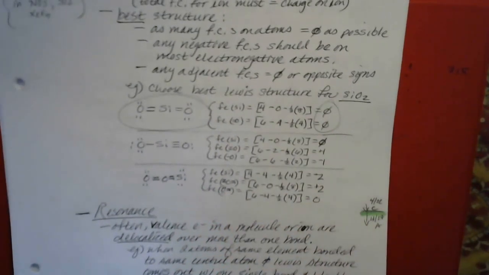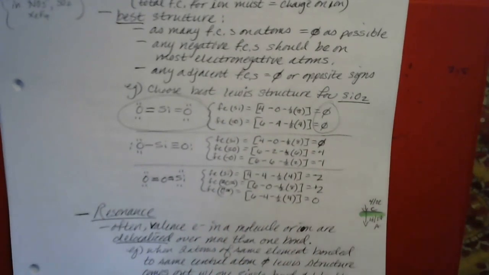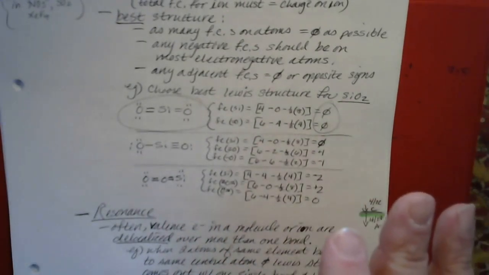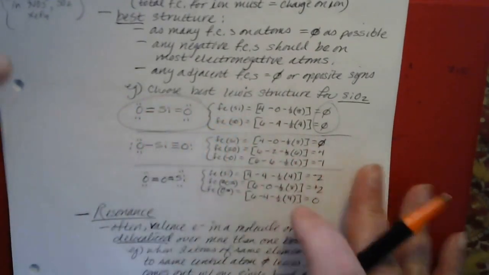Because sometimes, every once in a while, even if you follow the rules for drawing Lewis structures to the letter, you can still end up with more than one possibility for the Lewis structure. And formal charges are a good way to decide between them.